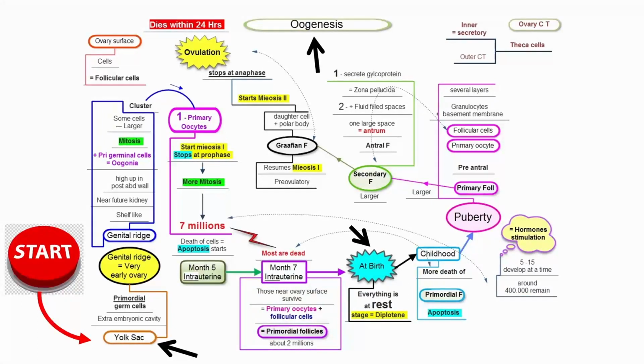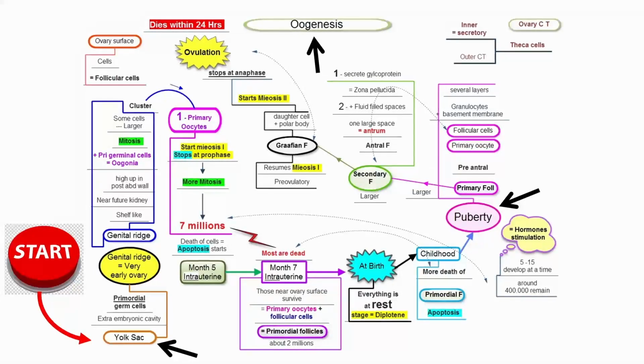After birth, there will be the childhood, and during the childhood, more death of the primary oocytes and the oogonia. And these primordial follicles are going to be sacrificed more and more.